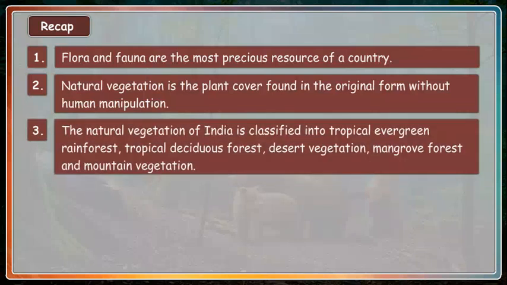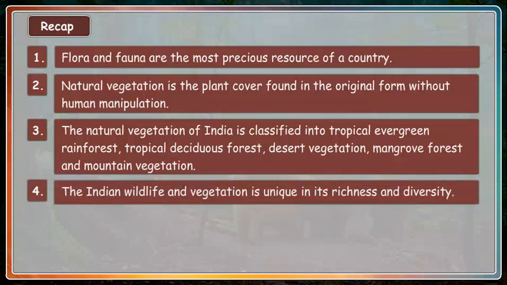The natural vegetation of India is classified into tropical evergreen rainforest, tropical deciduous forest, desert vegetation, mangrove forest, and mountain vegetation. The Indian wildlife and vegetation is unique in its richness and diversity.